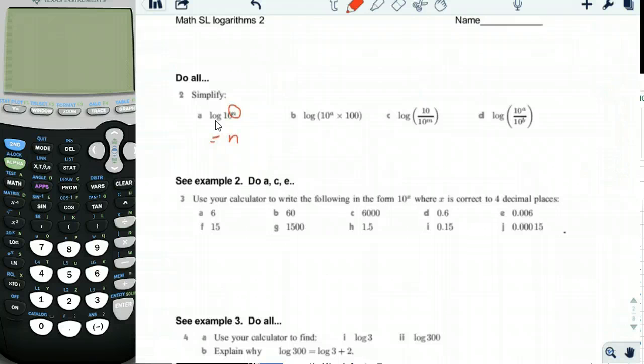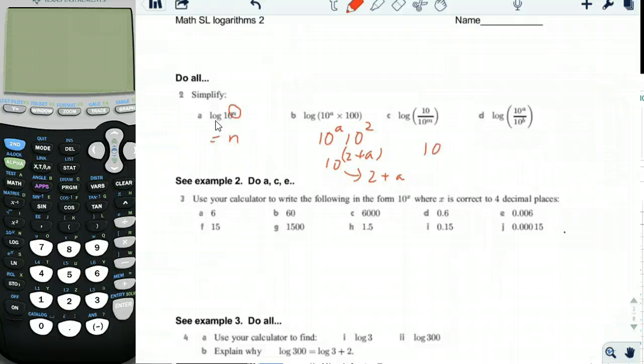If you have log of two things multiplied together, well, we can make this 10 to the a times 10 to the 2, right? And if you have the same base, you can add those exponents. So you could say 10 to the 2 plus a, and so the log would be 2 plus a. And this one would be log of 10 over 10 to the m.